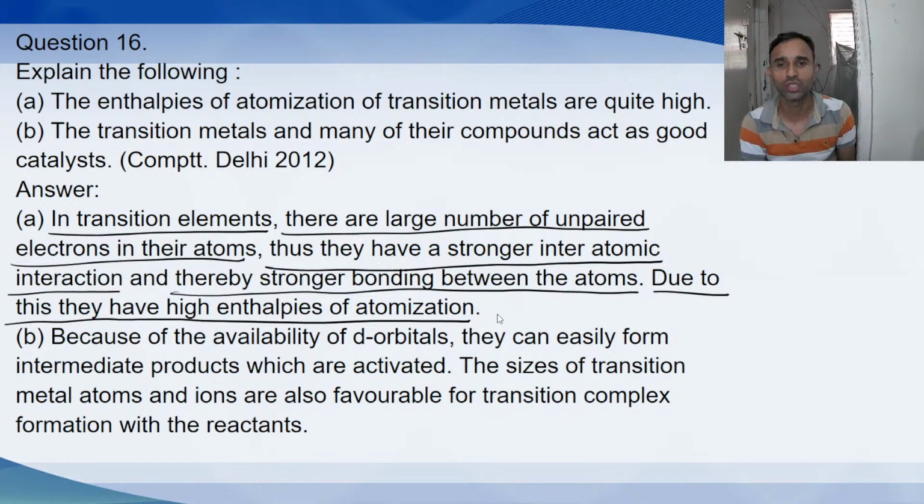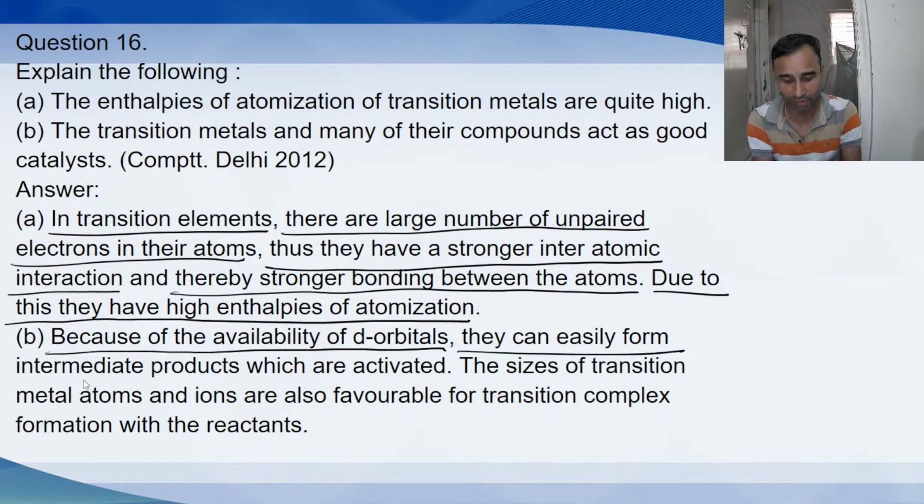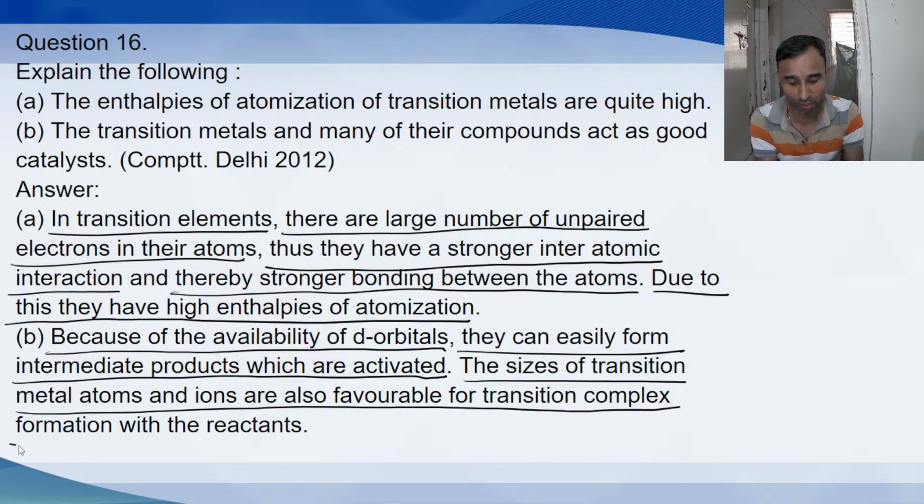Next, many transition metals and their compounds act as good catalysts. Same answer. Because of the availability of d orbitals, they can easily form activated intermediate products, and the sizes of transition metal atoms and ions are also favorable for complex formation.